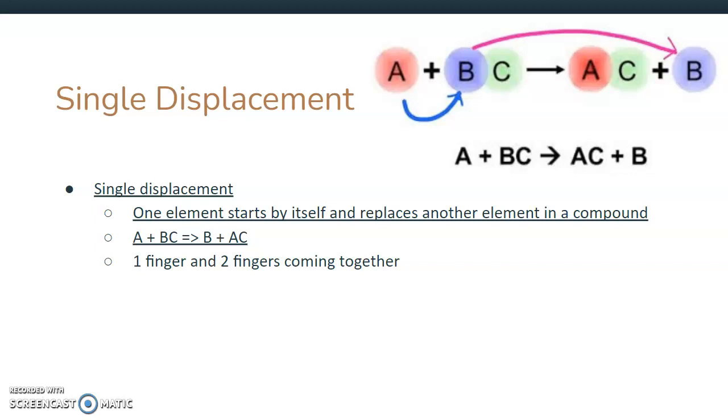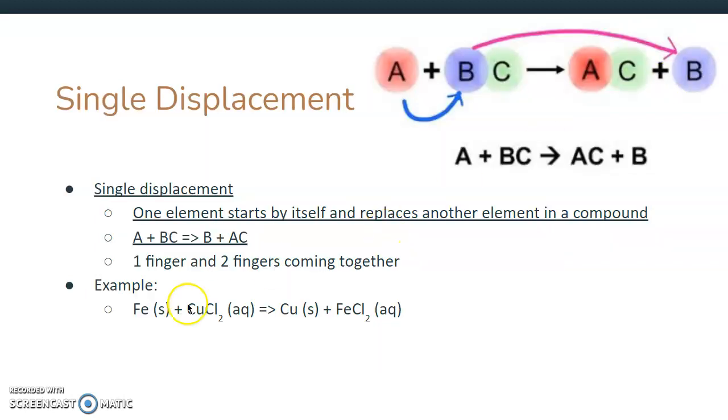I bring them together, hit them together, and then switch, so my left hand started with one finger, and after they hit, my left hand has two fingers and my right hand has one finger. But this is, like our video said, the saddest of the reactions, because A is stealing the C and pushing or removing B out of the way. It's a sad reaction because we kicked one person out all by themselves.